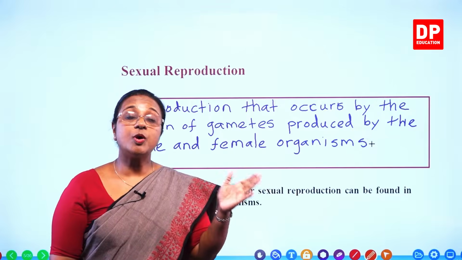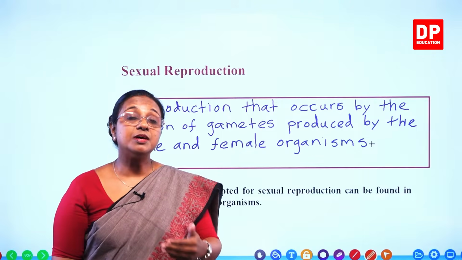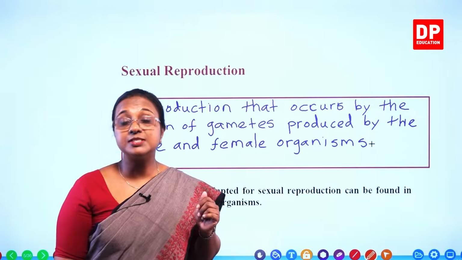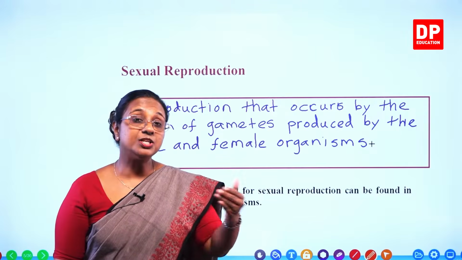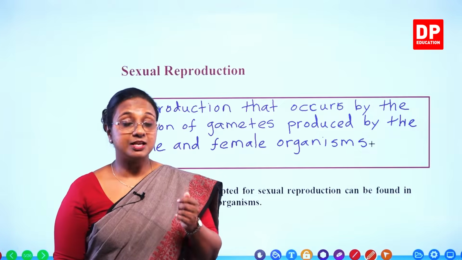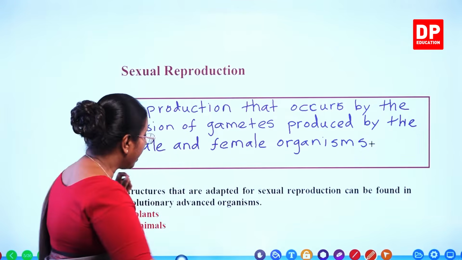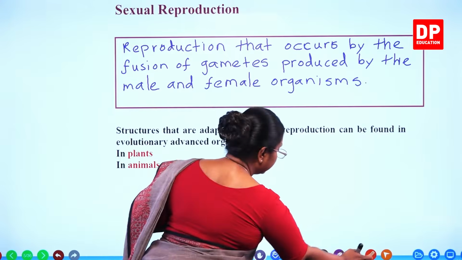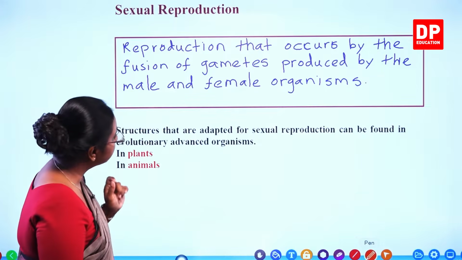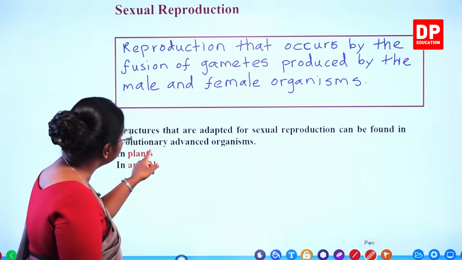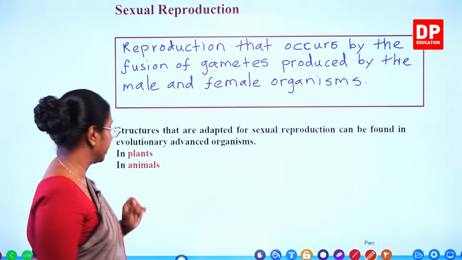The same goes for animals. Eggs and sperm from man. So, fusion of an egg and sperm produces the zygote that develops into a fetus. That process is sexual reproduction. The structures adapted for sexual reproduction can be found in evolutionary advanced organisms.